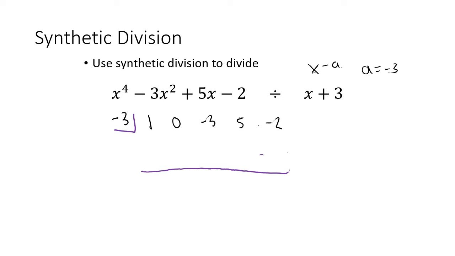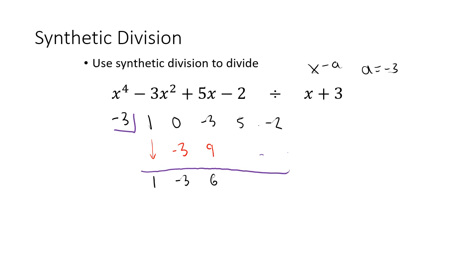Okay, so then the procedure goes: I'm going to bring this 1 down. Then I multiply the negative 3 times the 1, and I get a negative 3. Then I add 0 and negative 3, and I get negative 3. Then negative 3 times negative 3 is 9, and negative 3 plus 9 is positive 6.